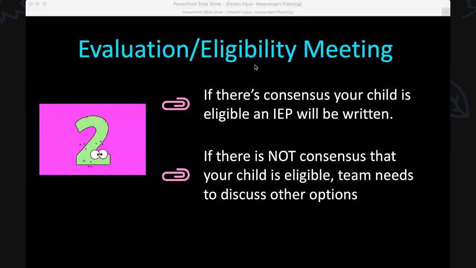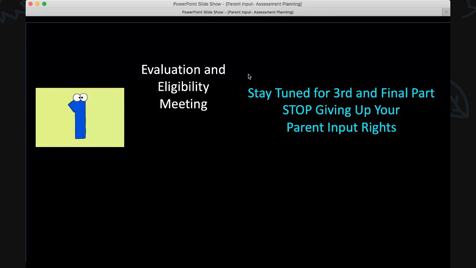But I think the most important thing is to remember all the steps along this process. You as a parent and your child as the student that we're talking about have rights for your input. And we want to make sure that that is happening in your situation.